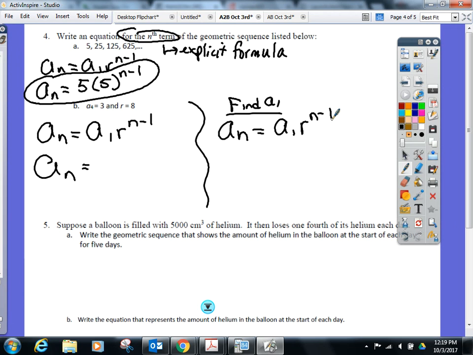Find the first term now. Leave it as a fraction if possible.